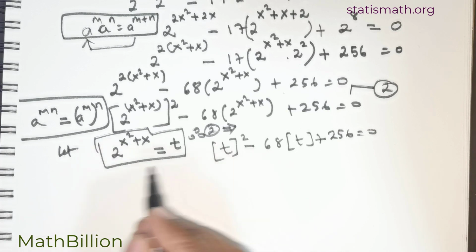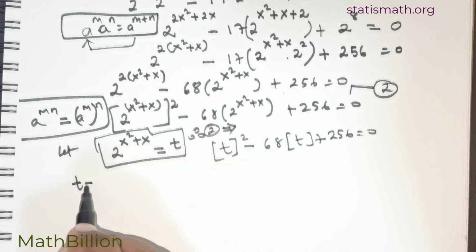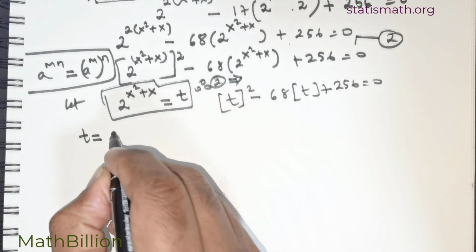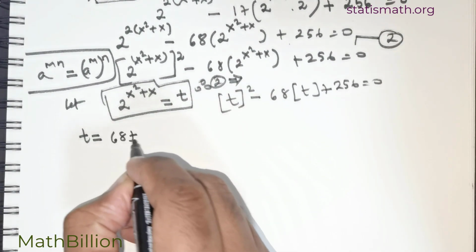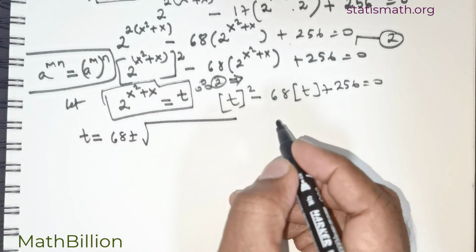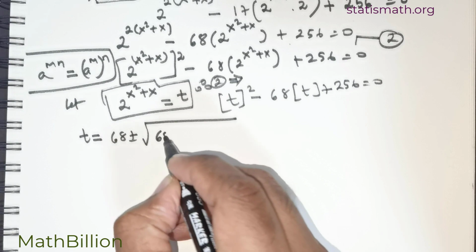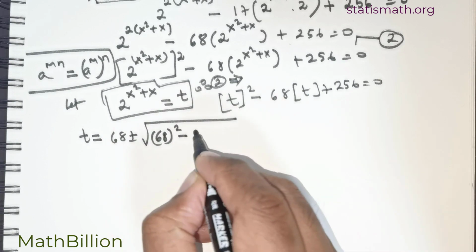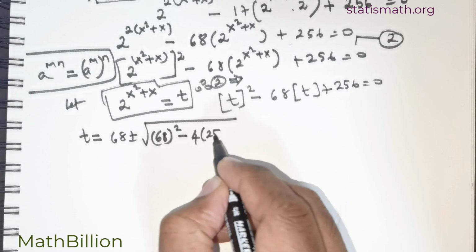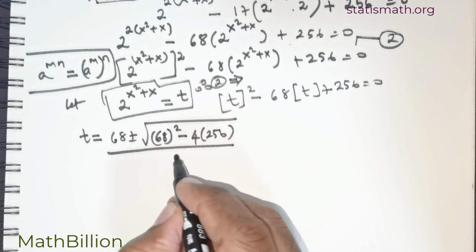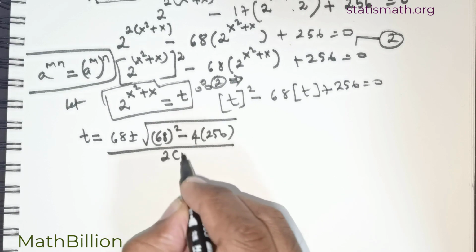So if I were to apply the quadratic formula, I would get t is equal to negative of negative 68, which is positive 68, plus or minus root of 68 squared minus 4 times 256, so you have some numeric aptitude to be performed here, divided by 2 times 1.